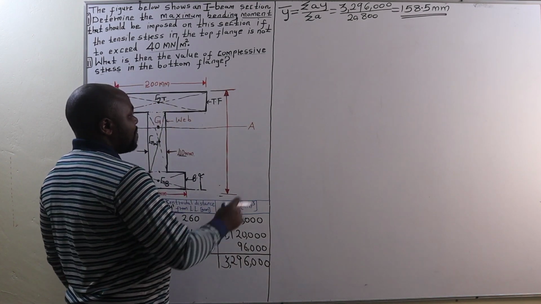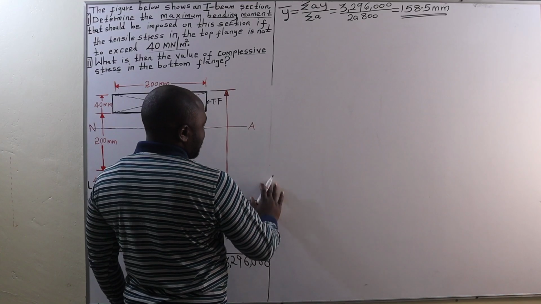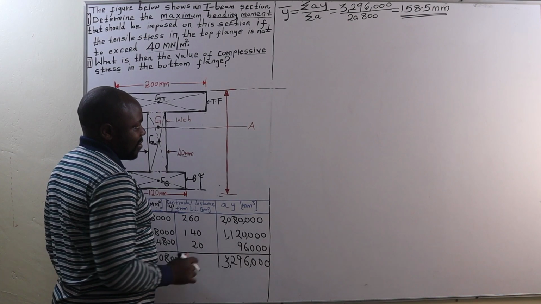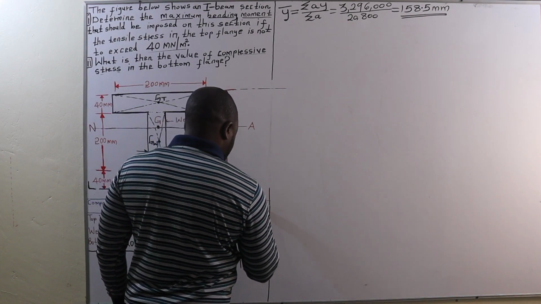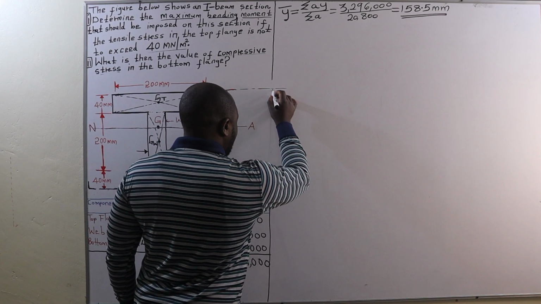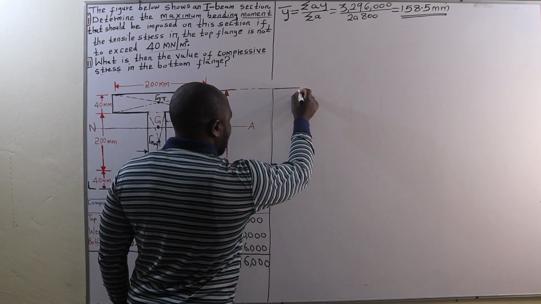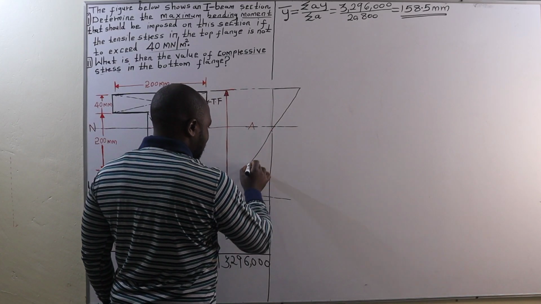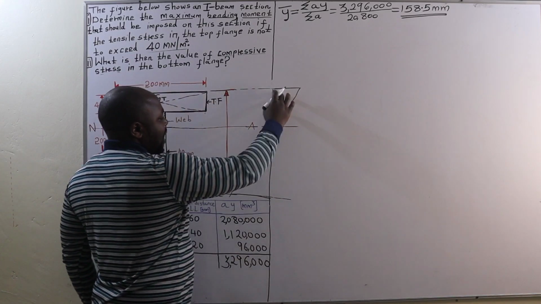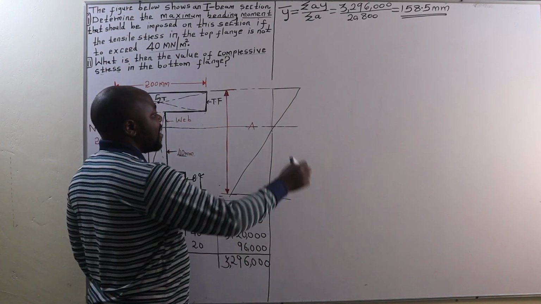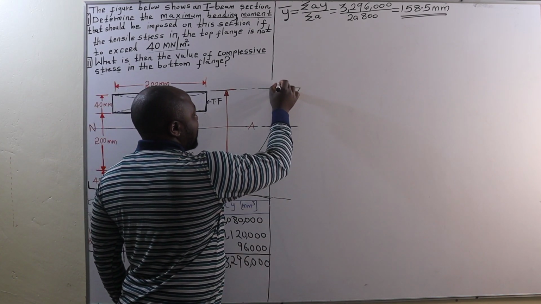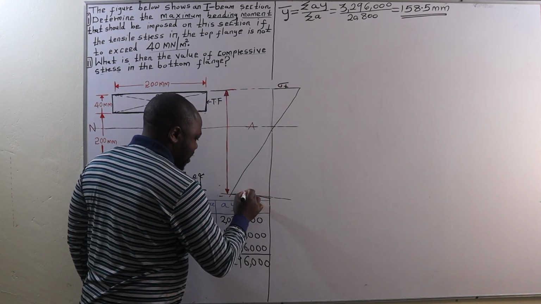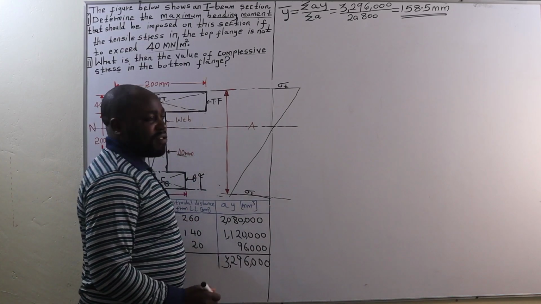Now, when you plot a stress distribution diagram for this I-beam section, it is going to be in this form. That is the center of gravity, or the neutral axis. At this point we have the maximum tensile stress, and at this point we have the maximum compressive stress.